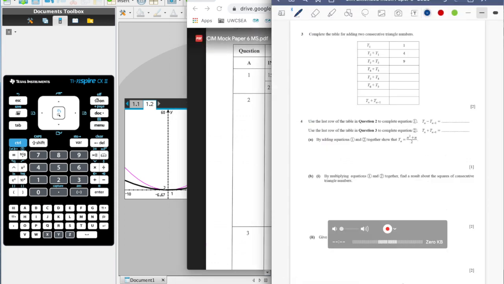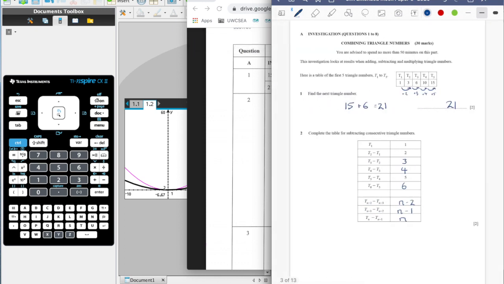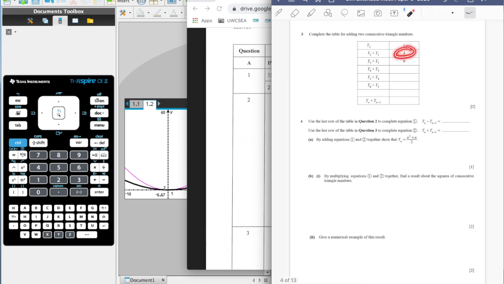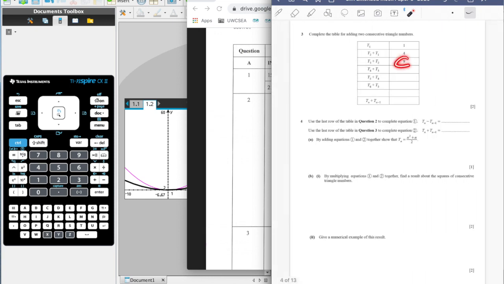Okay, moving on. Complete the table for adding 2 consecutive triangle numbers together. And let's just have a look at this. So what we're adding is, for the first one, 1 plus 3. That equals 4. Okay, then 3 plus 6, that equals 9.